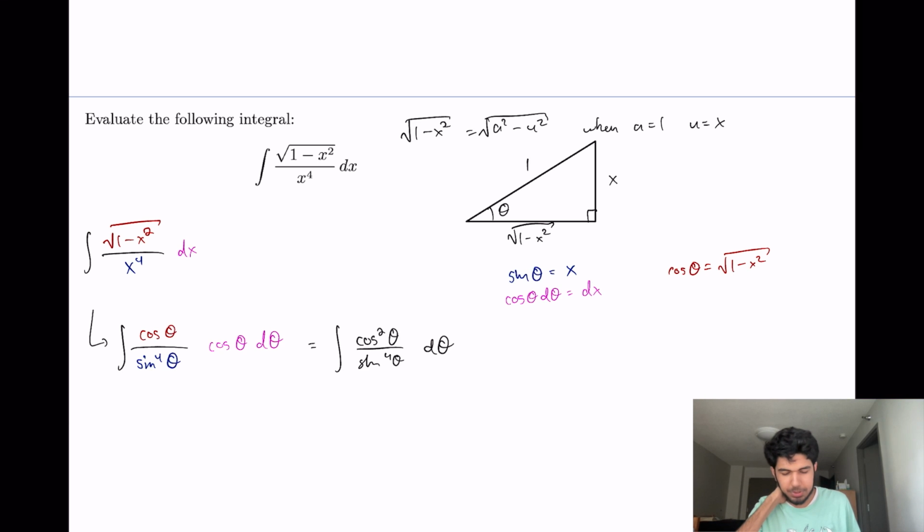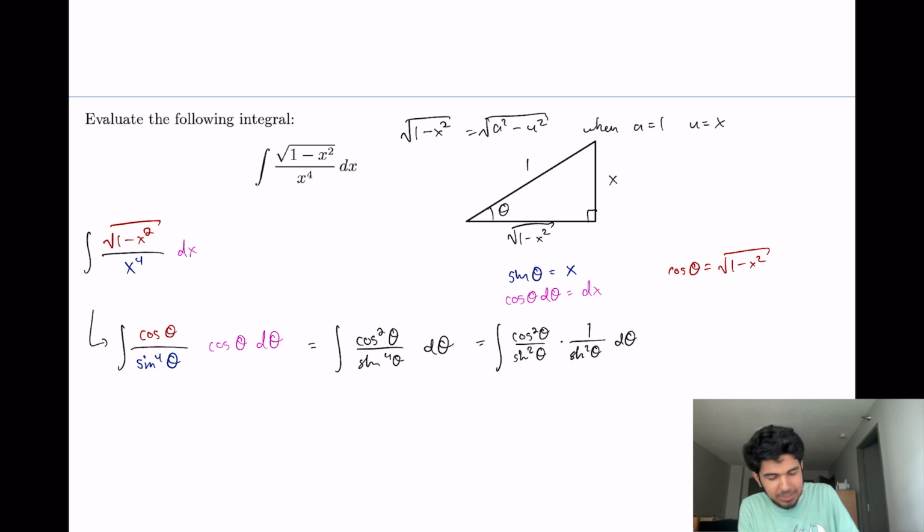Okay, so this isn't particularly fun to work with, and we can go back to the trig power video and go through the checklist, but we can also be a little bit creative. This is equal to cosine squared of theta divided by sine squared of theta times 1 over sine squared of theta, d theta, just sort of breaking apart that sine to the 4th of theta.